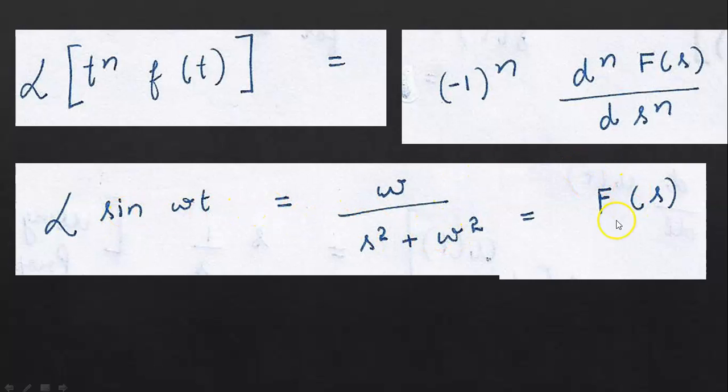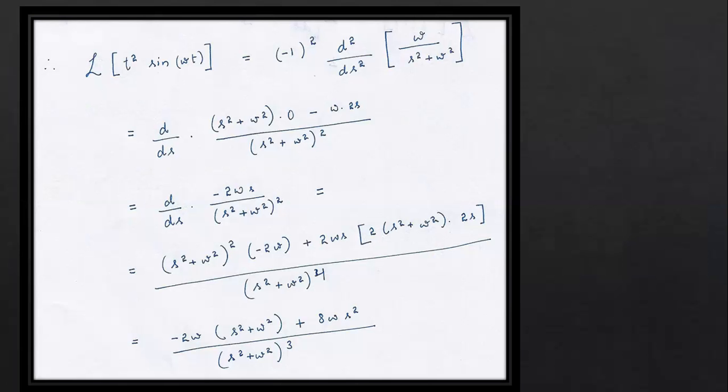This sine omega t is capital F of s in this numerical. So we can just substitute and solve it. On solving, we will get it equal to minus 2 omega into (s square minus 3 omega square) divided by (s square plus omega square) whole cube. So it is simple. You try to solve it. If there is some problem, post it on the comment section.